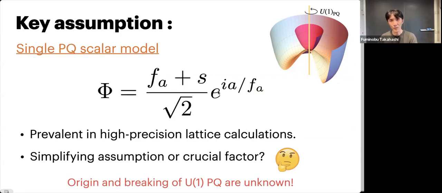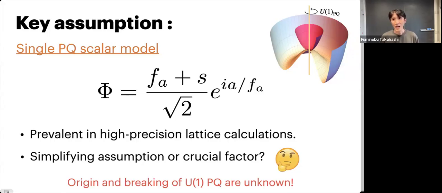S is the radial degree of freedom, and the axion appears in the exponent like this. The reason why all of them assume the same PQ model is that this is the minimal model. The number of degrees of freedom is minimal in this case. So that's why they all adopted the same model.